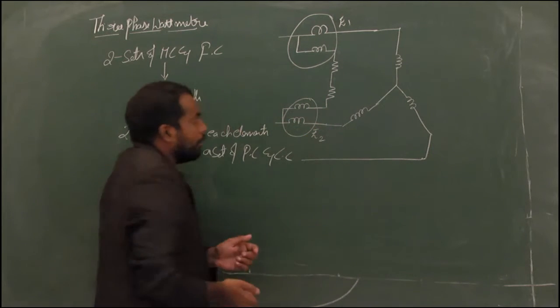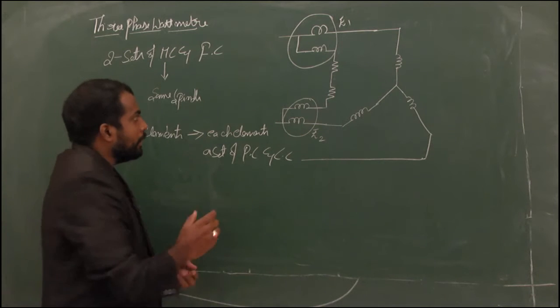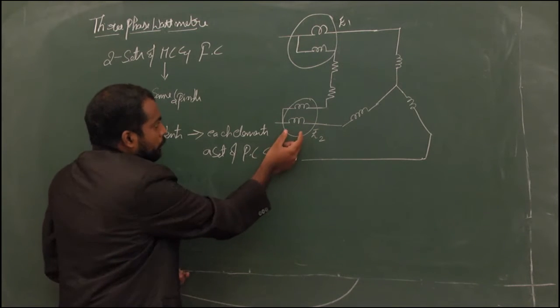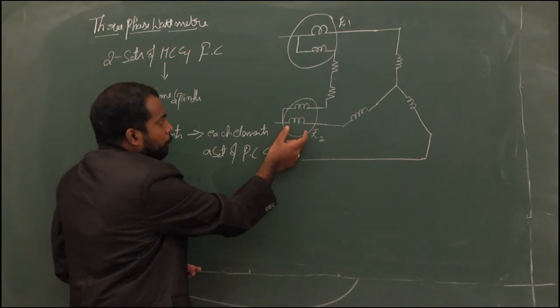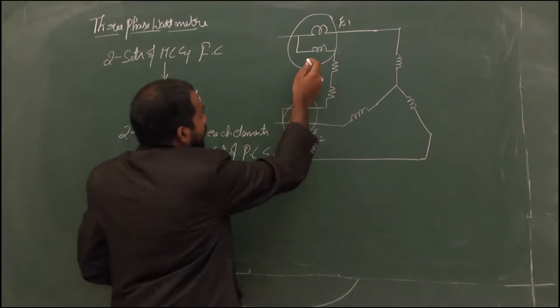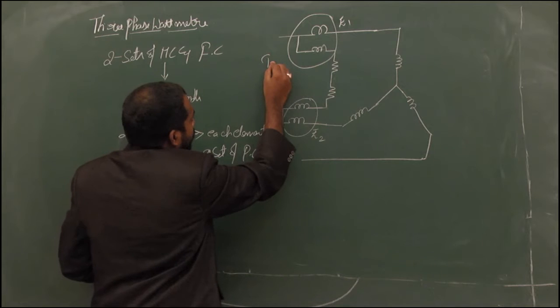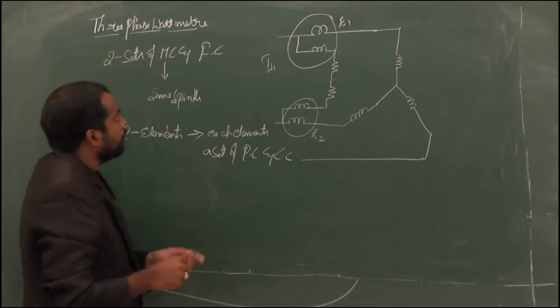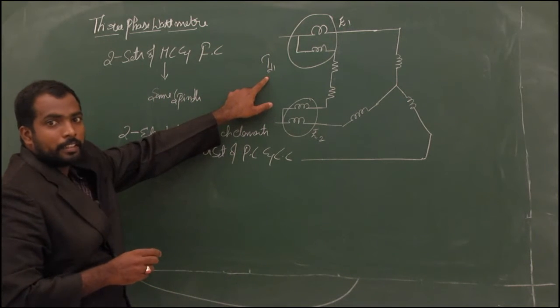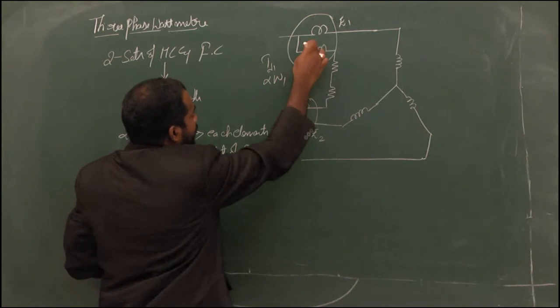The net deflecting torque produced by an individual element is directly proportional to the power measured by that element. The net deflecting torque produced by element 1 is TD1, which is proportional to the power measured by this element only.